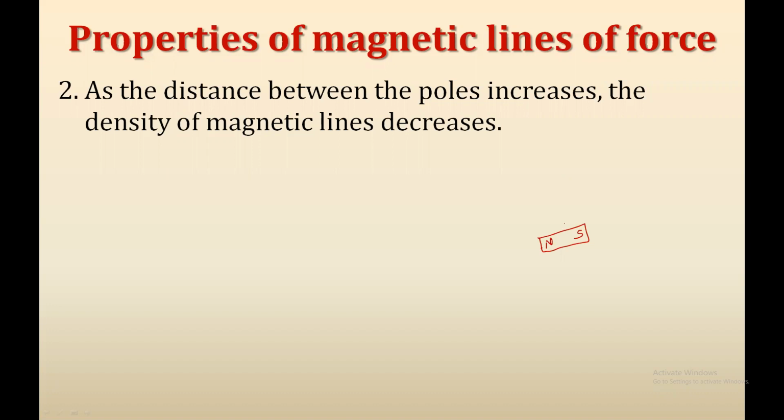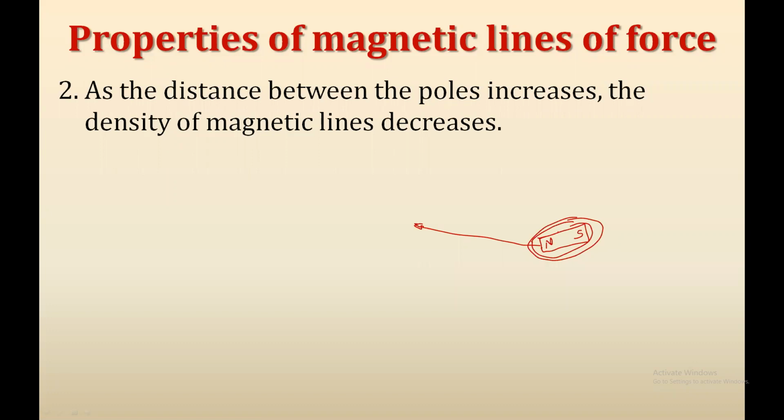The magnetic lines of force near the magnet are very strong, but as we move away from the pole of that magnet, these magnetic lines of force become weaker and weaker. It means the density of the magnetic lines of force decreases as we move away from the pole of that magnet.